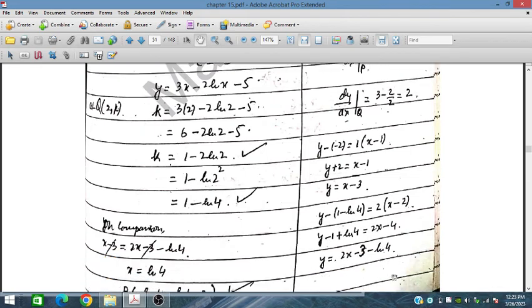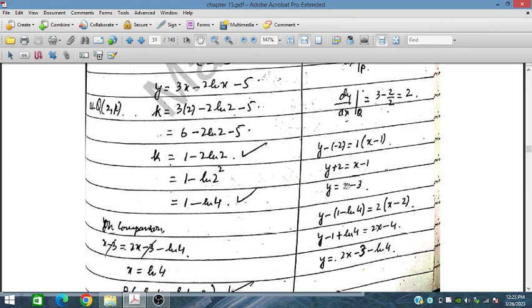So we have y is equal to 2x, and this shifts here, so this will become minus 3 and ln 4, minus ln 4, so y is equal to this. So we have y is equal to x minus 3, and we have y is equal to 2x minus 3 minus ln 4.